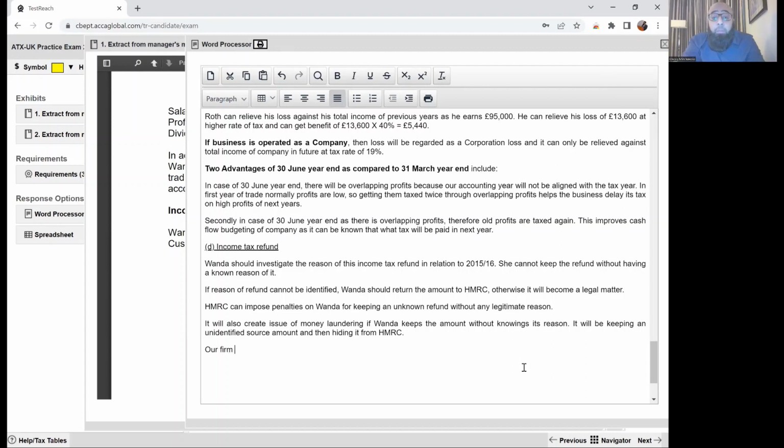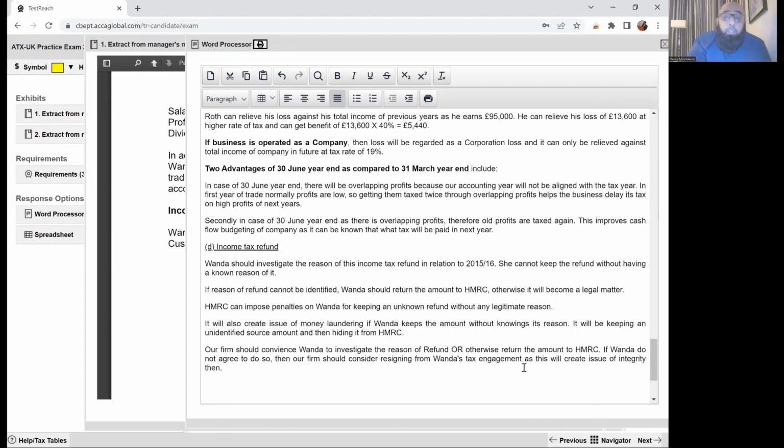Our firm should convince Vanda to investigate the reason for the refund or otherwise return the amount to HMRC. If Vanda does not agree to do so, then the firm should consider resigning from Vanda's tax engagement, as this will create an issue of integrity.